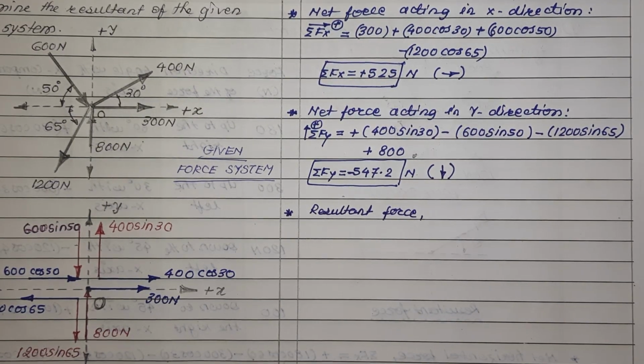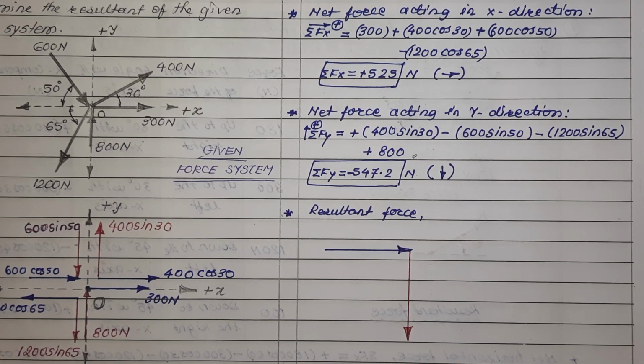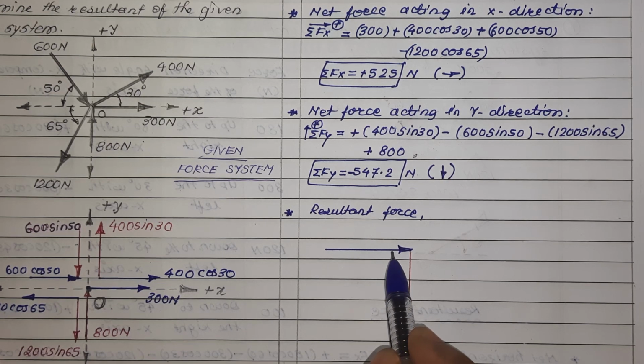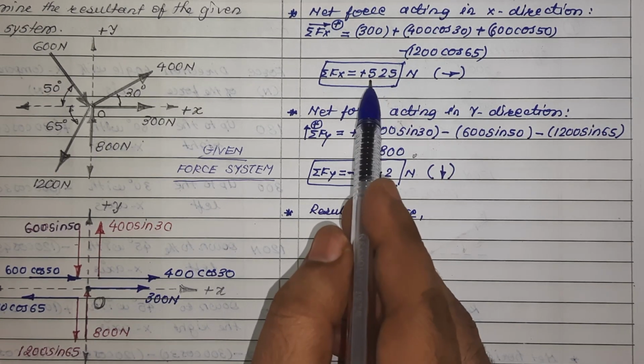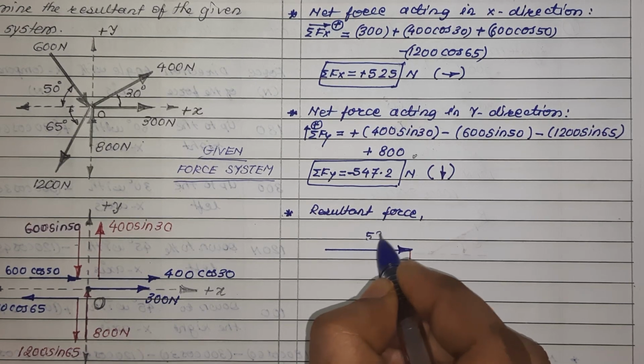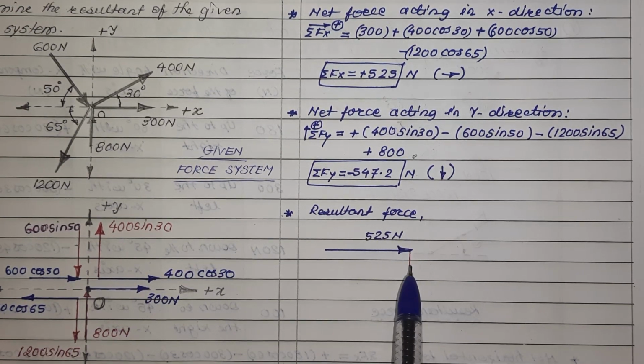To find out resultant force, we have to draw a force triangle. Thus here, this is the net unbalanced force in x direction, which is positive 525 Newton, going rightward. As per triangle law, second force should be taken in order.